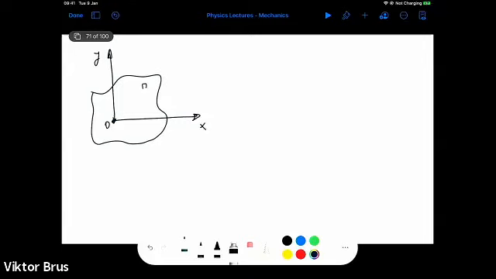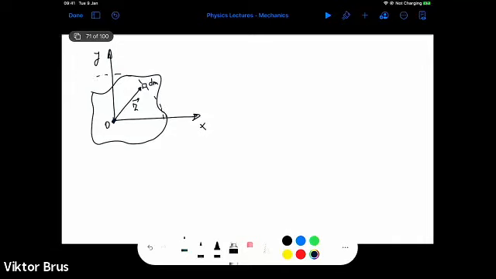Then we select one very tiny mass of this rigid body, dm, which is defined by position vector r. Since it rotates, this small piece of rigid body will follow some circular trajectory.